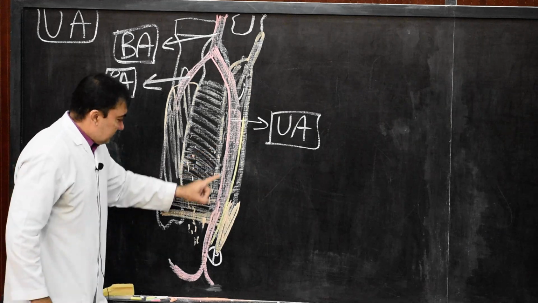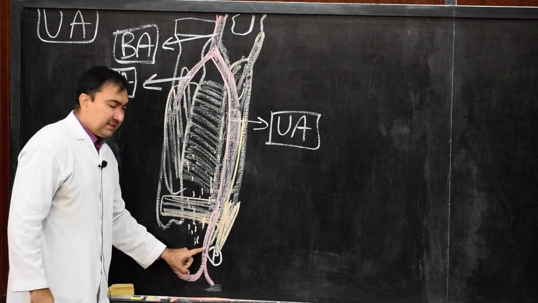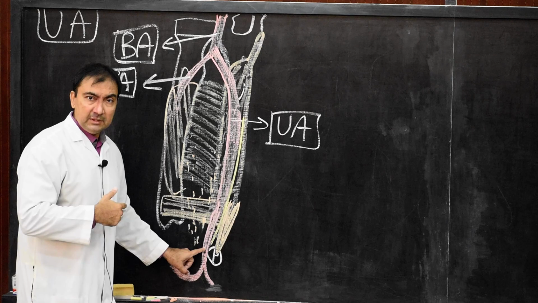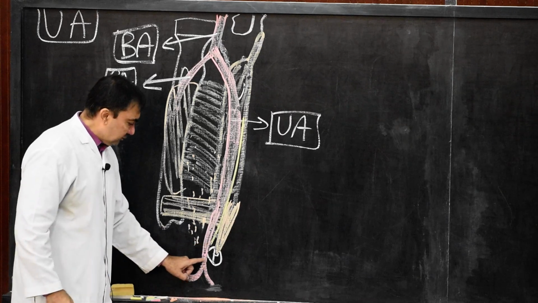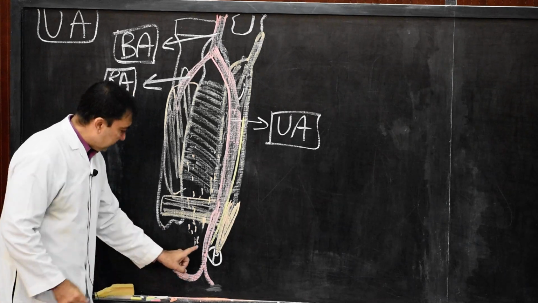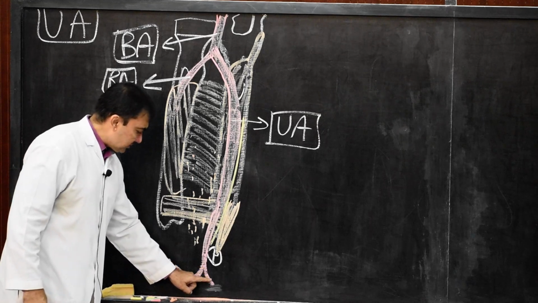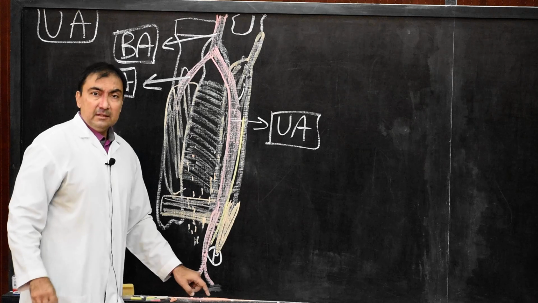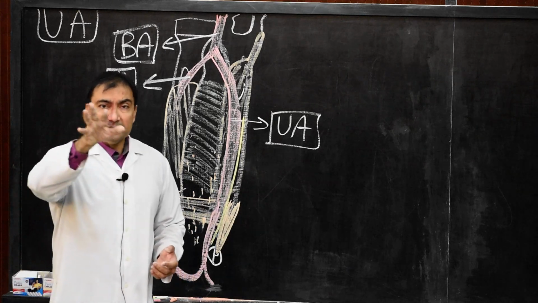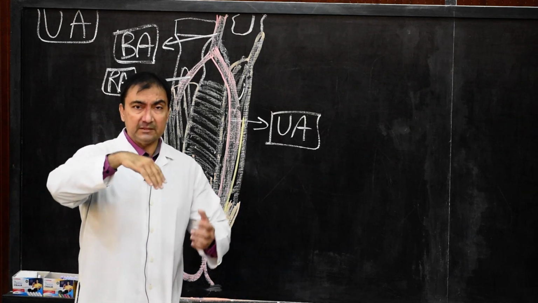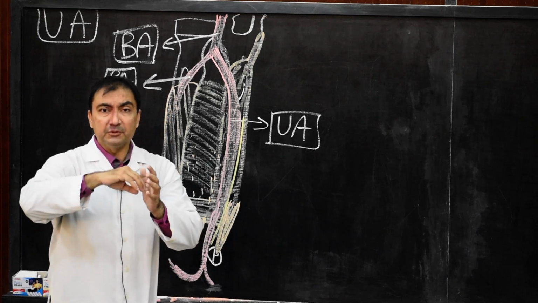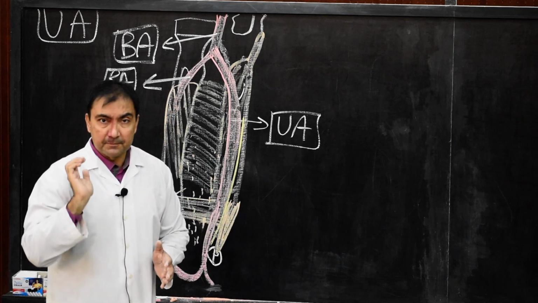Now, this ulnar artery will pass superficial to flexor retinaculum on the radial side of pisiform bone. Then in the palm, it will divide into deep branch and superficial branch. The superficial branch of ulnar artery will anastomose with the superficial branch of radial artery to form superficial palmar arch.